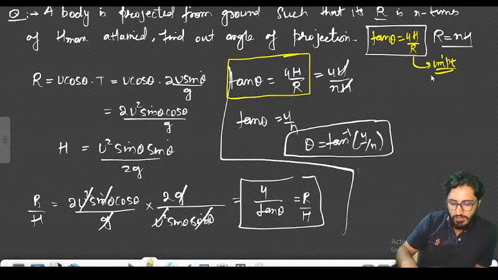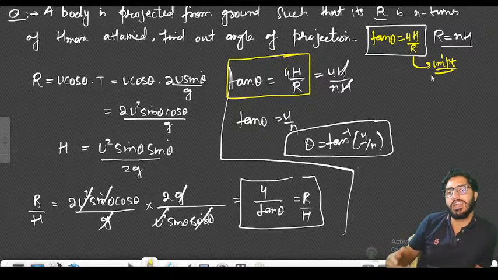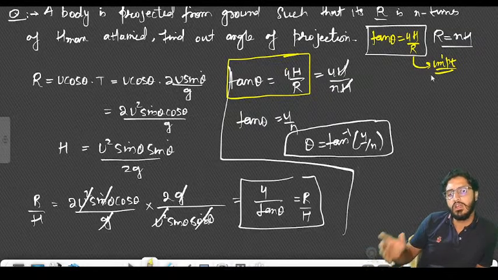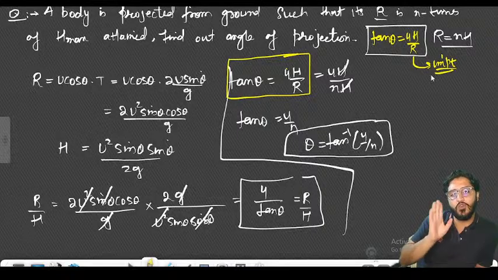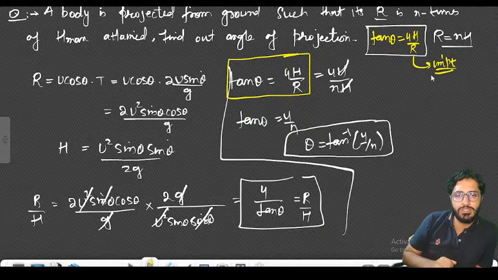Just like for 45 degrees and 90 degrees, what happens with h max or r max, in the same way you have to note down tan theta is 4h by r. If you're making short notes, keep this point in them.